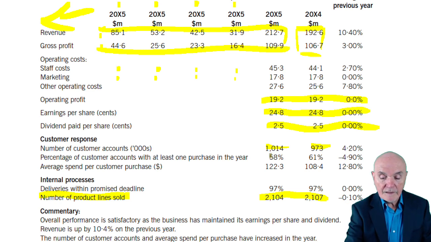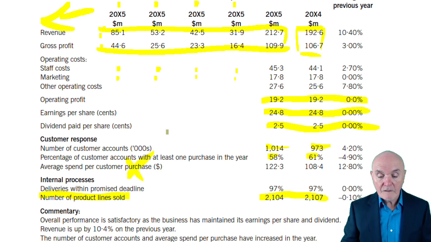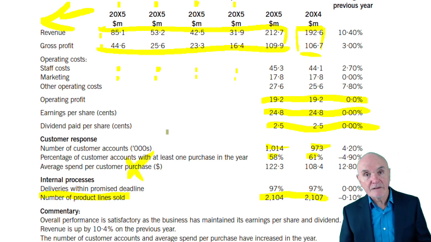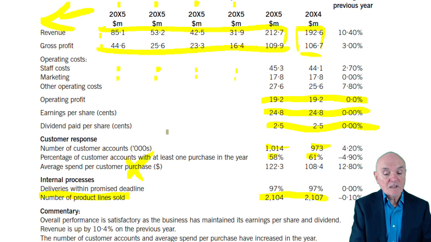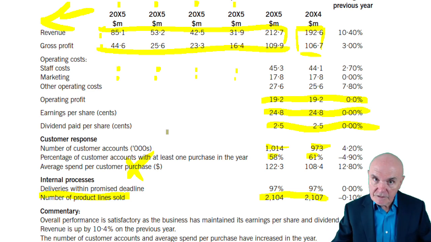We are looking at how active they are, and that's quite useful because, again, we could always quibble with wanting to increase the number of customer accounts because some of these could be dormant. And it gives the average spend per customer purchase, which is not what they want. They wanted the average spend per customer. To some extent, average spend per customer purchase tells us very little about individual customers.